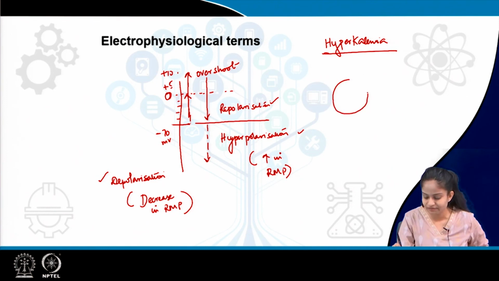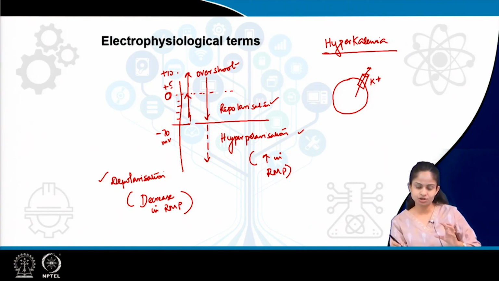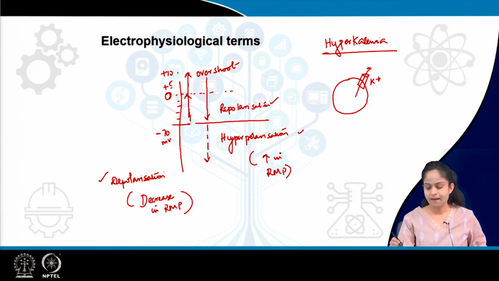So, at that time you have to think, suppose this is a cell and it is having these leaky potassium channels through which usually potassium will go outside, because the tendency of the potassium is always to move from inside to outside, because intracellularly potassium is more. But in case of hyperkalemia, already the potassium concentration is more extracellularly.